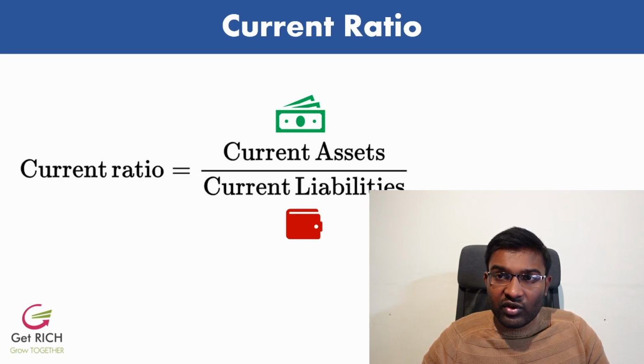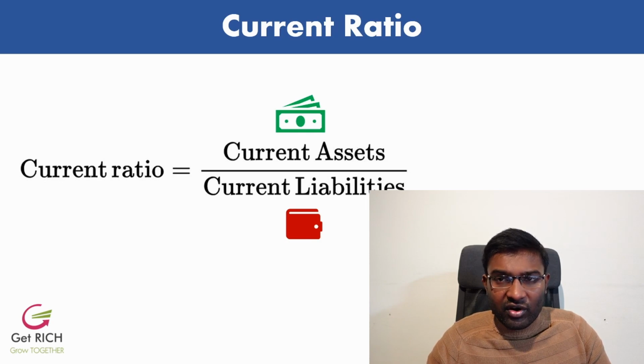So this ratio gives you an overview of whether the business can pay back its most recent liabilities, the liabilities coming due in the next 1 year. Are they capable of giving the money back to those particular people?